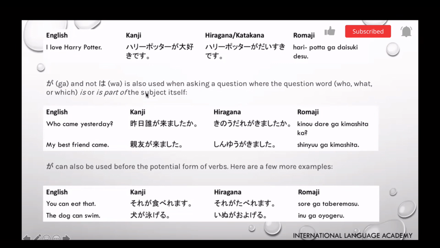That means we can use the ga particle to question something, right? This is the second method of using the ga particle in the Japanese language.